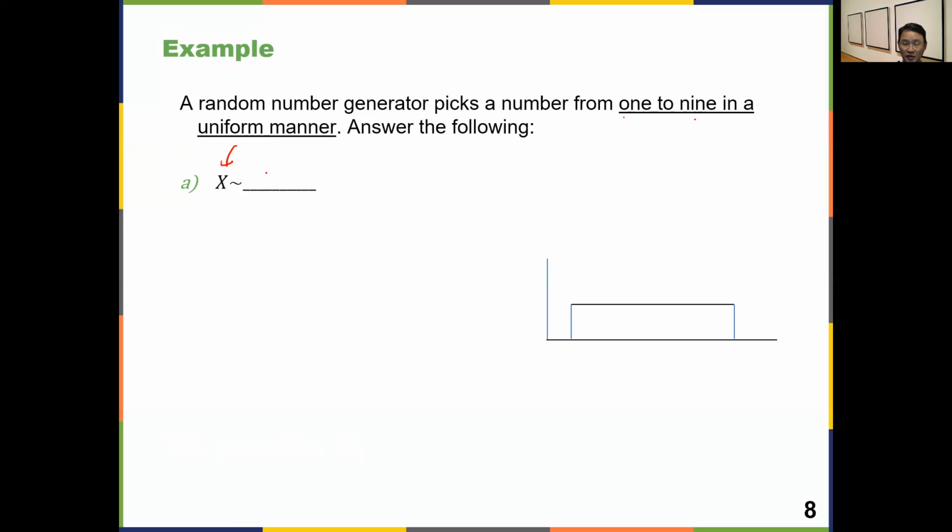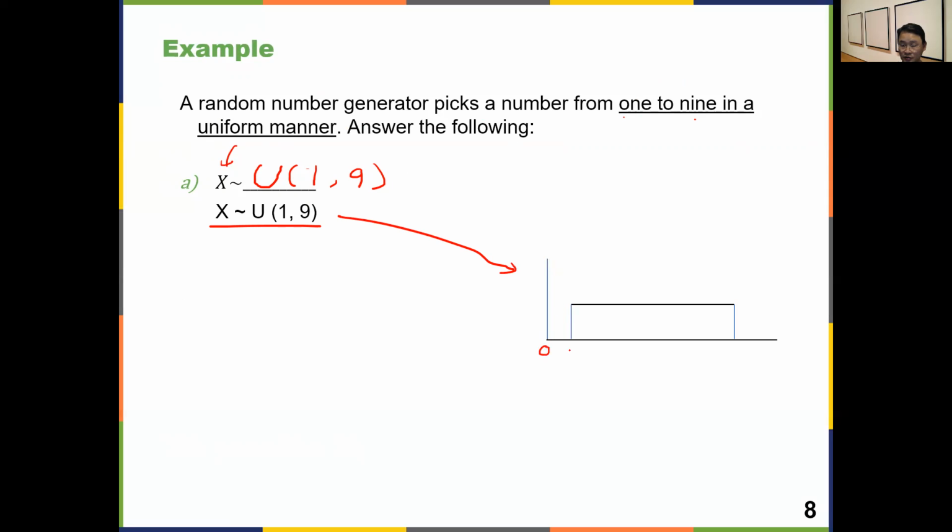So what should this be? Uniform from what number to what number? From 1 to 9. Just like that. And if you want better writing, it's right there: Uniform 1 to 9. So if I graph this, it'll look like this.